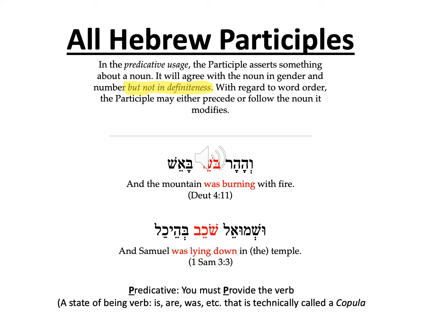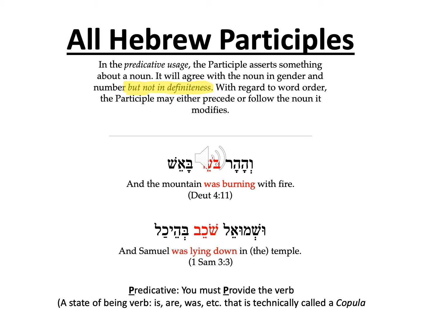On the other hand, a predicative use does not agree with definiteness. It will still agree in gender and number, but it will not agree in definiteness. If the noun has the article, the participle will not have the article. Furthermore, when we translate it, we must provide a state of being verb.